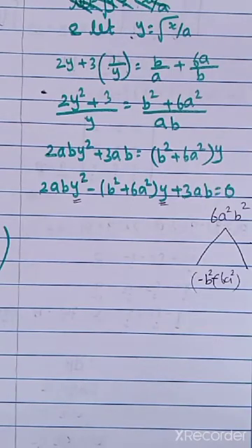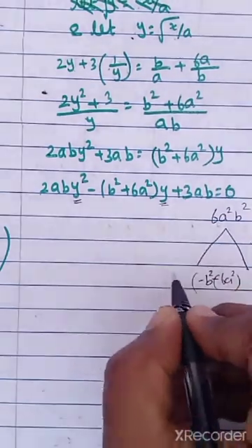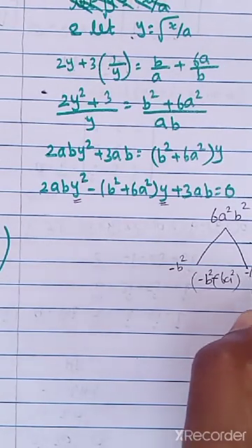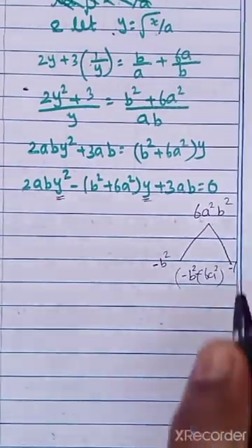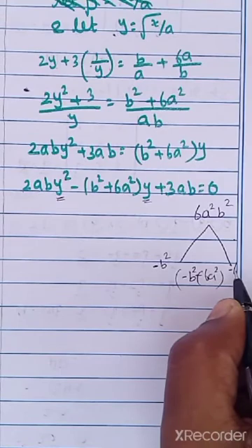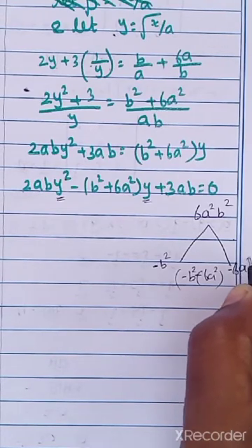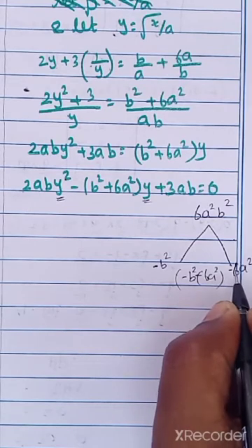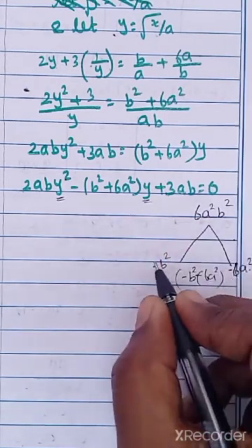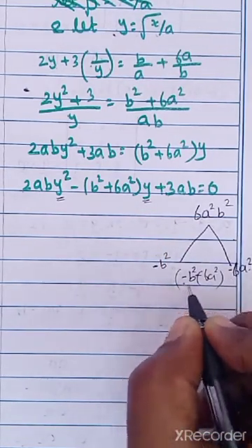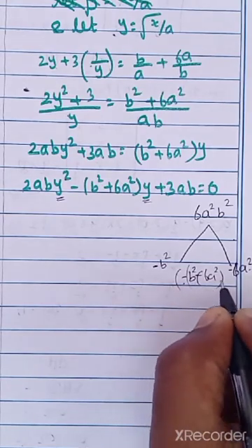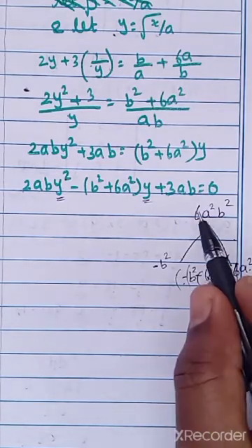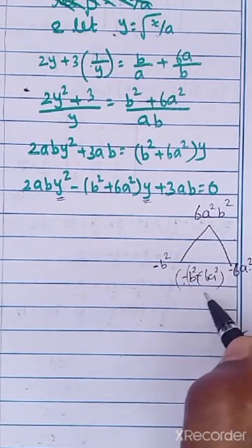Now tell me what are the two numbers. Minus b square, minus 6a square. Correct? See, if we add these two, minus into minus is plus, so 6a square b square. If we add, taking minus common, b square plus 6a square. Correct? So these are the two numbers which give this product and this sum.